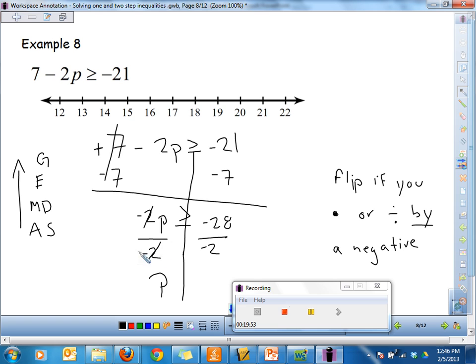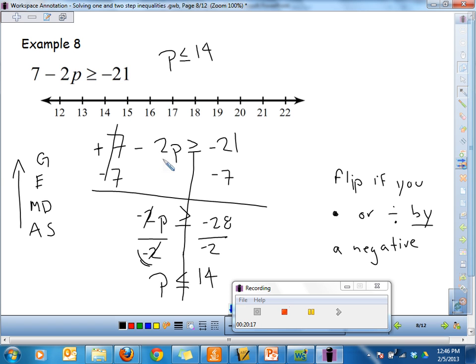I divided by a negative 2, so I need to flip my sign. Instead of a greater than, I'm going to have a less than or equal to. Negative 28 divided by a negative 2 gives me a positive 14. So my inequality is p is less than or equal to 14.